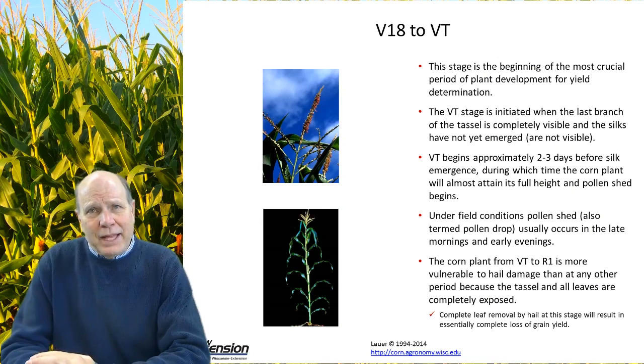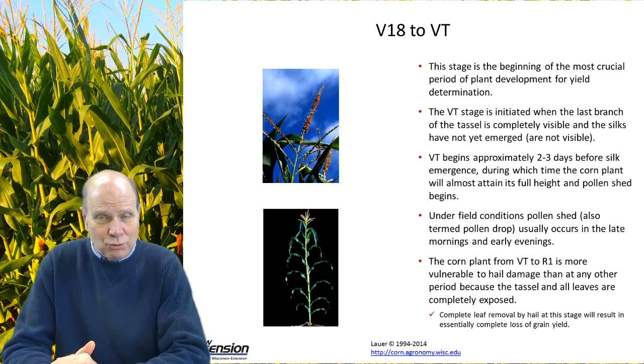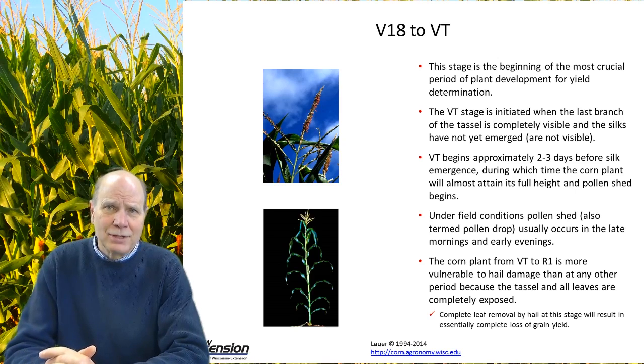Now, the plant is usually at about V18, and depending on the hybrid, you can have 21 to 23 leaves or so before that tassel comes out. But right about this time, the plant is really getting prepared to go through a very important phase in its life cycle, the reproductive phase. Basically, the tassel comes out and pollen starts to drop from the anthers.